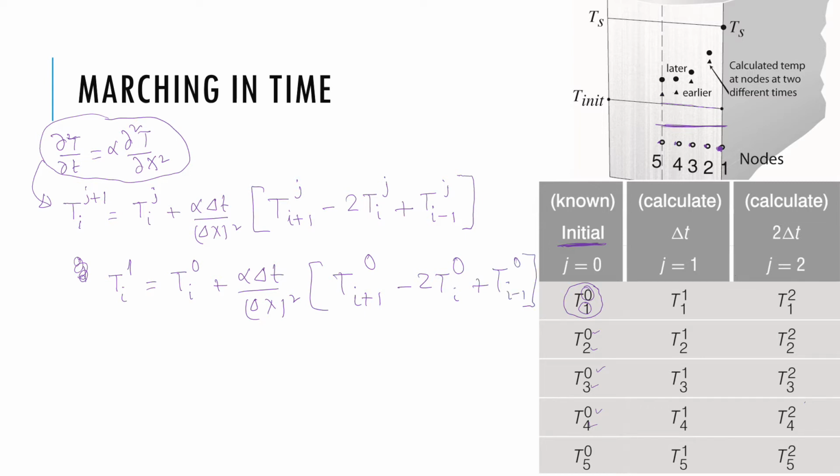In other words, if we know all the temperatures at time 0, we can find temperature at some point at time 1. So that's what is shown here: these are all known, and now I'm going to use this equation recursively. So if I put i equal to 1, then I get T(1, 1) is equal to T(1, 0).